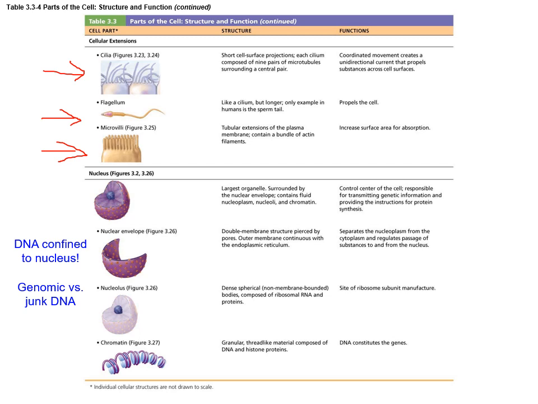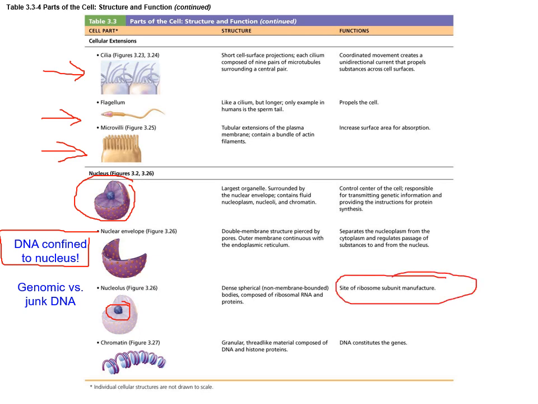And then finishing it off, we can see we have our nucleus again, and it just highlights the fact that it is surrounded by a nuclear envelope that has little pores in it. Remember that DNA cannot leave the nucleus. That is why we are making a copy of it, and then RNA is able to go in and out. And then, of course, the nucleolus is going to be our site for ribosome production.